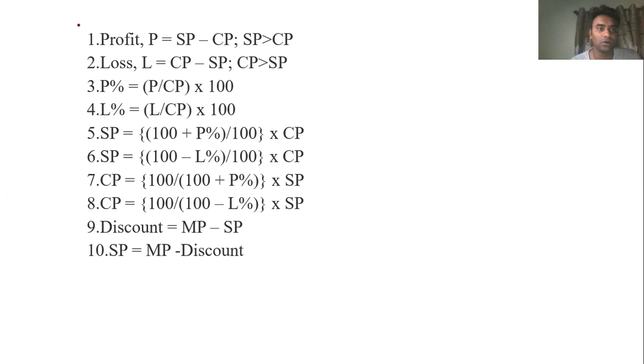Up to these formulas, from first to sixth, I think there will not be any issue. We have covered almost everything in a very clear form. Likewise, we have covered what profit is, what loss is, and how we calculate profit.